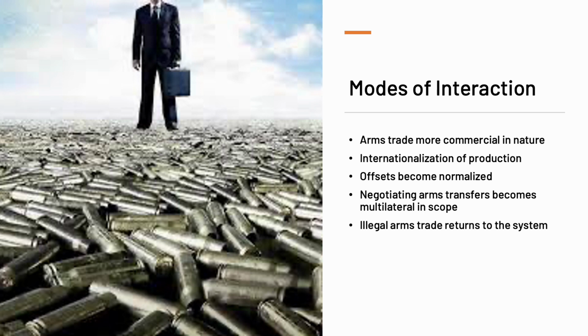Now, you could do a direct offset, which means that there has to be some offset of the primary good within the importing country. What does that essentially mean? That means if I want a direct offset, I'm telling you that if I buy your plane, you have to let me build a piece of the plane within my country to offset the cost. So, let's say that the plane is $10 million.